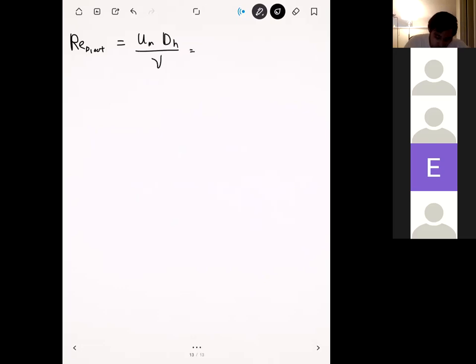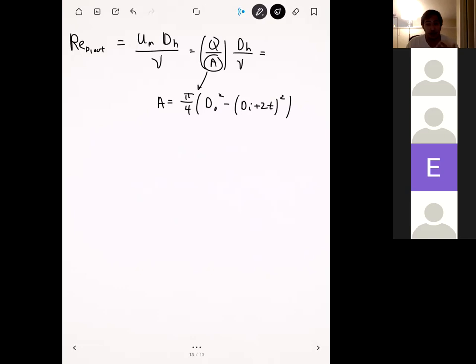Where again this is going to be Q divided by A times DH divided by nu. Where remember for the annulus, we have to take just the area of that annulus. Right? And so A in this case is going to be pi divided by 4 times outer diameter squared minus the inner diameter plus 2 times t squared. Okay, because remember our inner pipe here has some thickness to it, right? And so we need to account for that thickness when we compute this area.